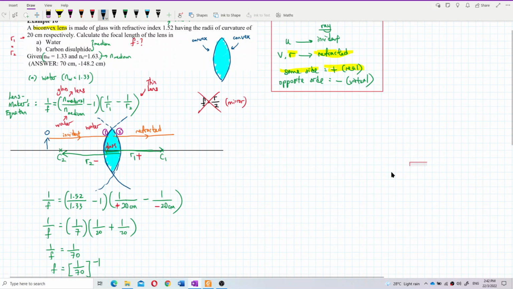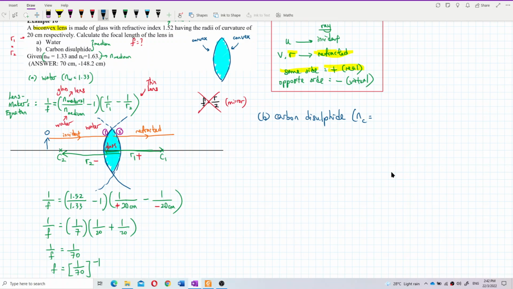Yes, question B. Now I put it in the carbon disulfide, with the refractive index of carbon disulfide being 1.63. So now this is the medium, the refractive index of the new medium.